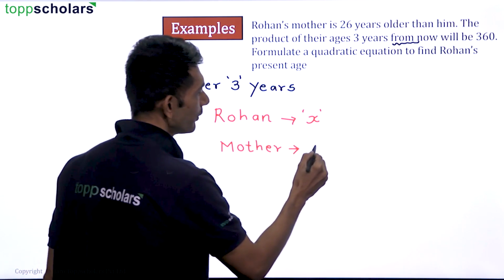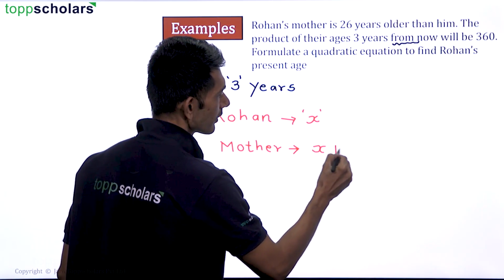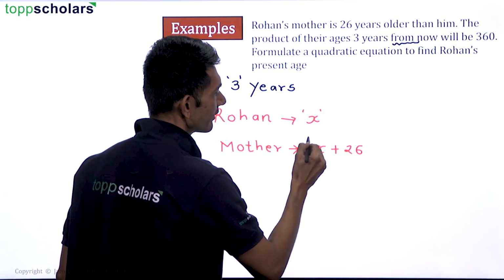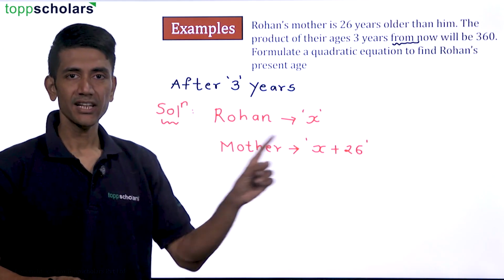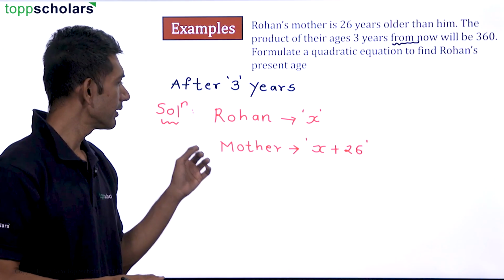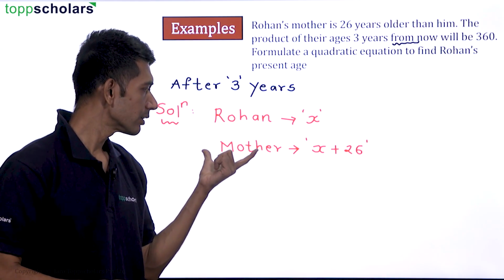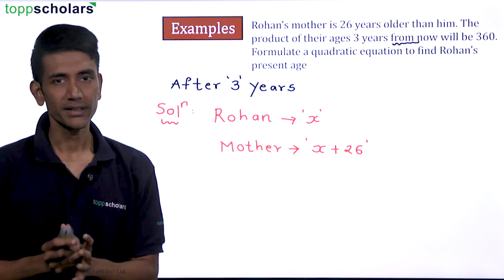Let the present age of Rohan be X years. Therefore, his mother's age is X plus 26 years.